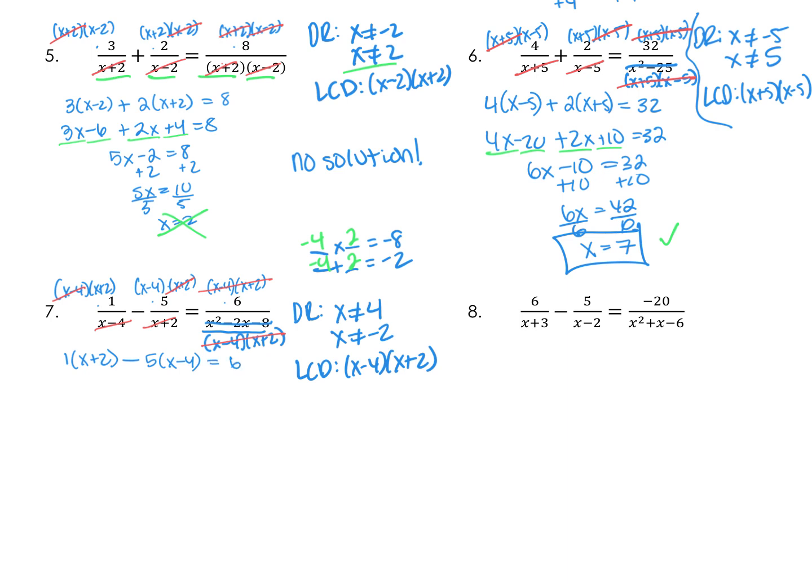And just a 6 on this side. So then we'll have x plus 2 when we distribute minus 5x plus 20, because make sure you use this as a -5 times -4. Take the negative with it. Combine like terms on this side, we'll have x plus -5x will be -4x. 2 plus 20 will be 22.